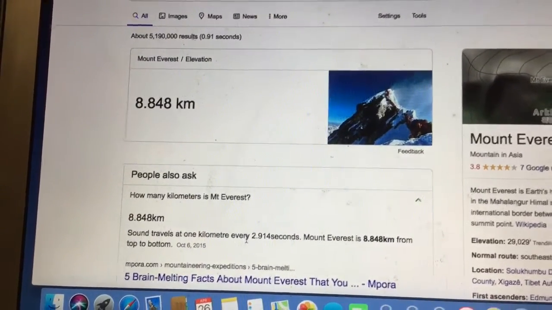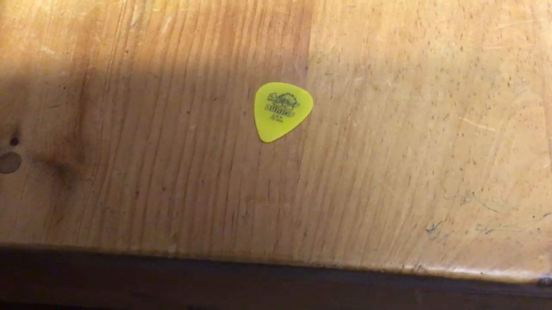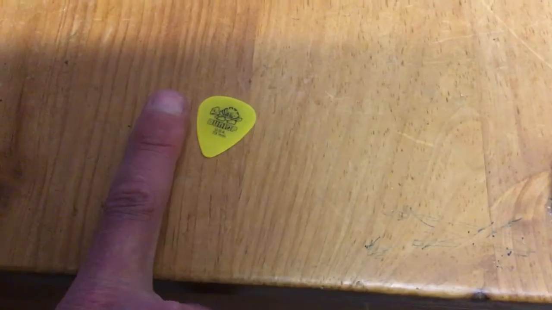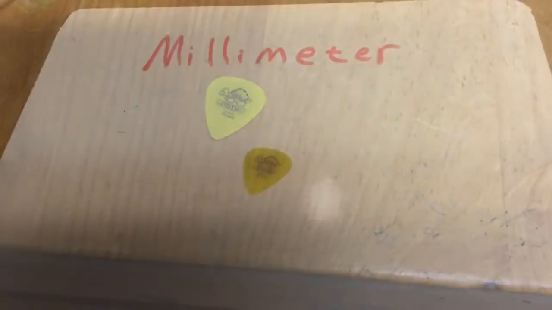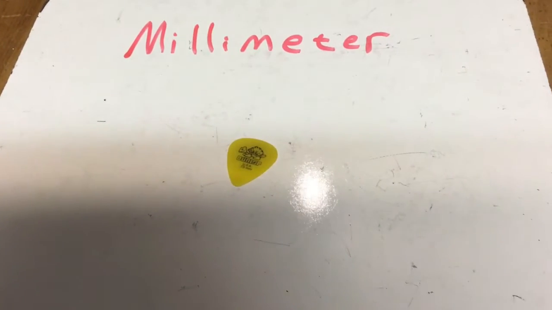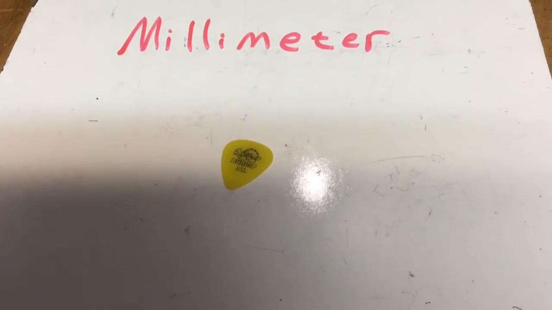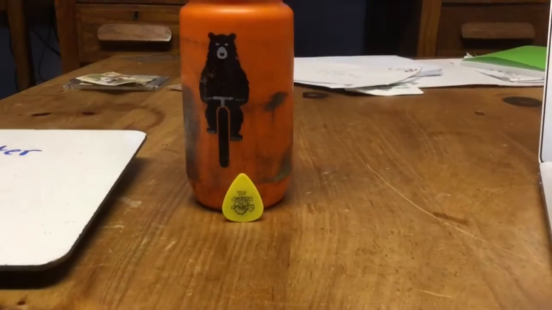It's big, use kilometers. So if I asked you to measure how tall this was, what unit would you use? Here, I'll put my finger by it. It's not very big. So what unit would you use to measure the height of that guitar? You'd want to pick millimeters because it's not very big. It's not very big at all. So millimeters, because of its size, would be the right choice. Millimeters for something small.